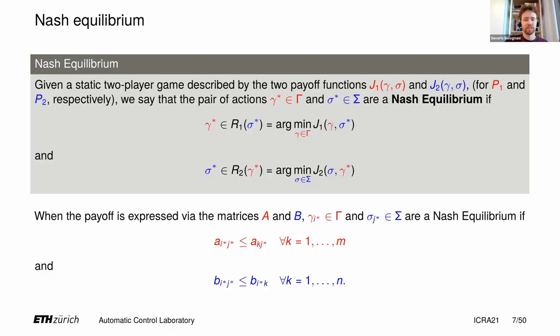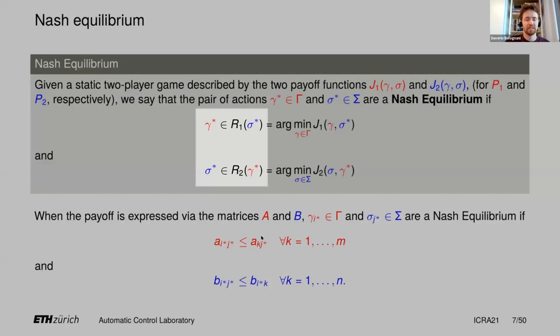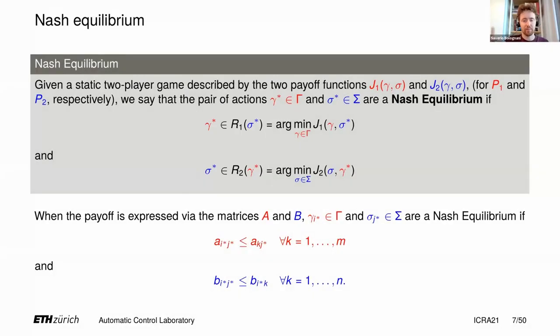Okay. Of course, the complication of what a Nash equilibrium is comes from the coupling between these two conditions, right? I said it's a fixed point because it's naturally what it is, right? The two together are best response to themselves, just of course in a symmetric or coupled way.